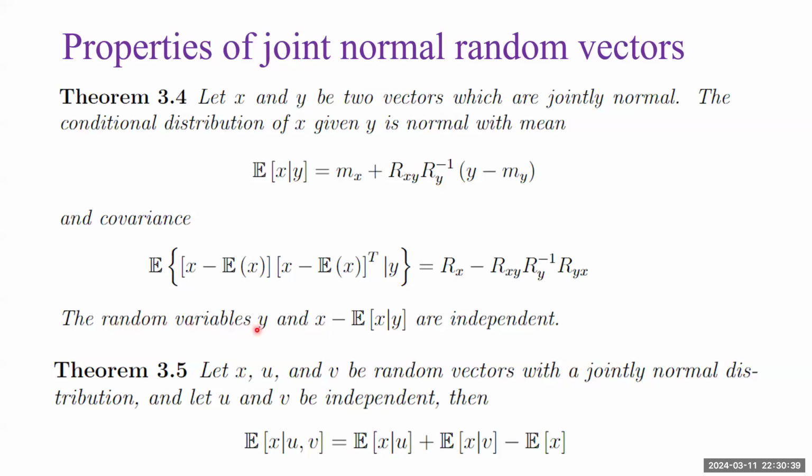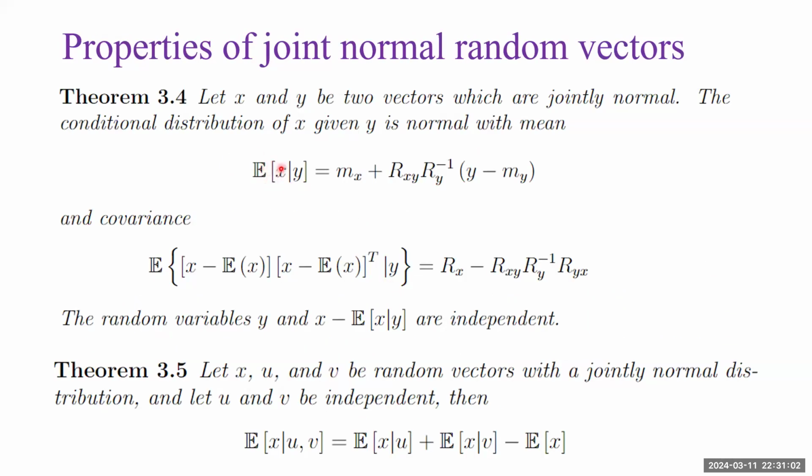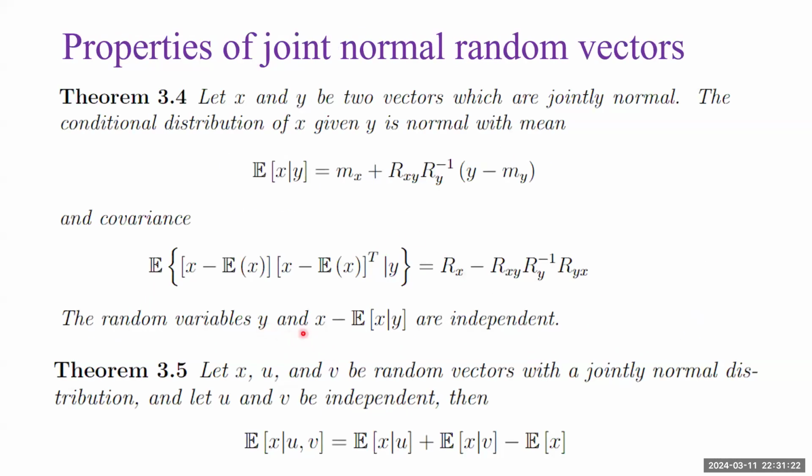This statement follows from theorem 3.3. From here, we can see that mx plus Rxy Ry inverse times (y minus my) is the expectation of x conditioned on y. You notice z will be x minus the expectation of x conditioned on y. Therefore z and y are independent, so y and x minus the expectation of x conditioned on y are independent.